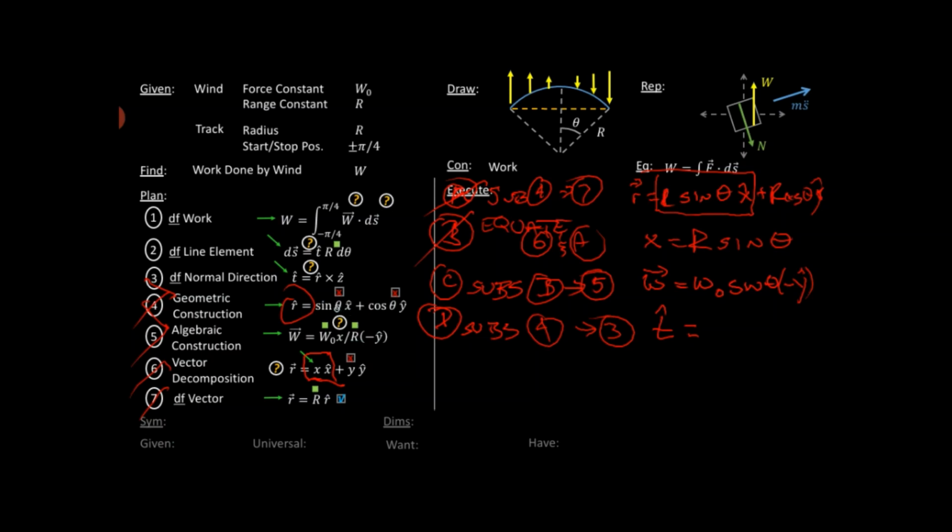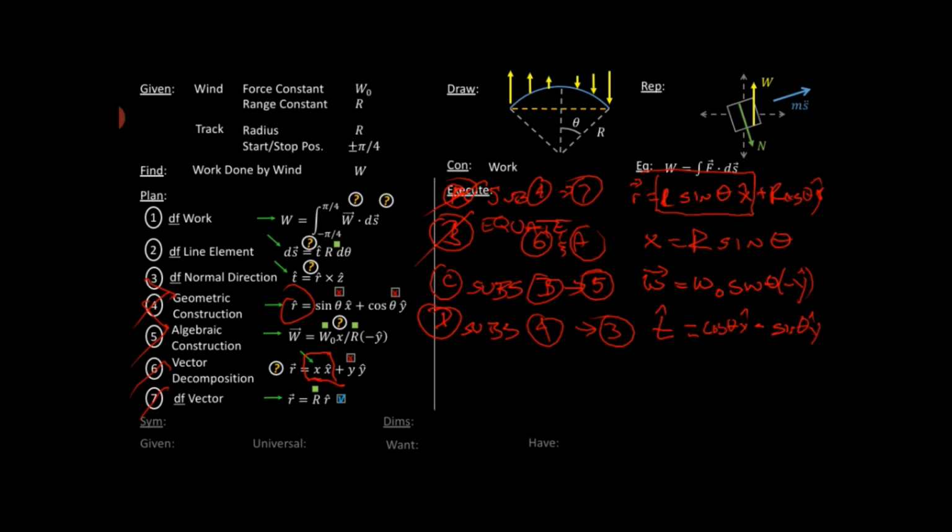So x cross z, we skip the y, so that's a negative sign. So t hat is equal to something times minus sine theta y hat. And then y cross z, that's sequential, right? That's cyclical. So that means that y cross z is positive. That means we have a positive cosine theta in the x direction. So t hat is equal to cosine theta x hat plus sine theta y hat.